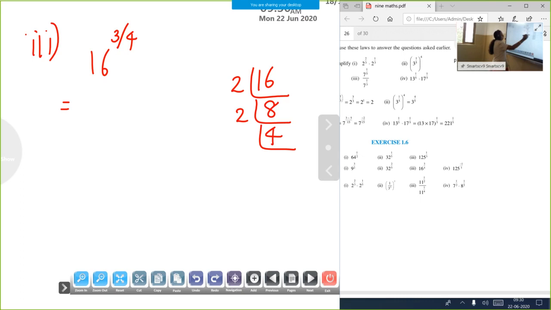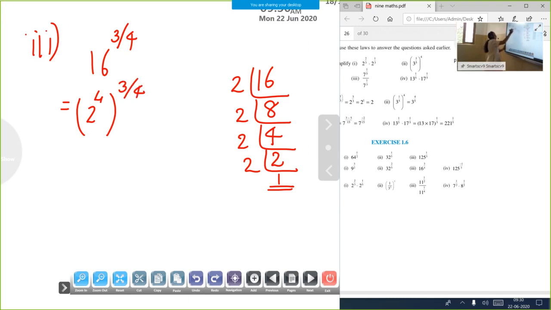Again 2 times 4. Again 2 times 2. And the number becomes 1. After this, how many 2's are there? 4 2's are there. 1, 2, 3, 4. So in the place of 16, we can write 2 raised to 4, the whole raised to 3 by 4.